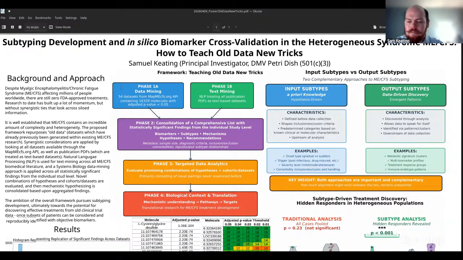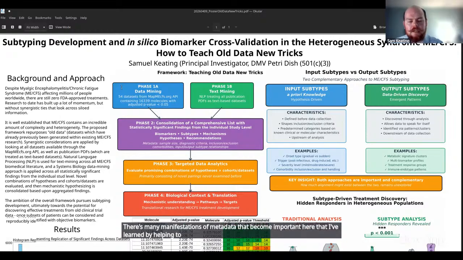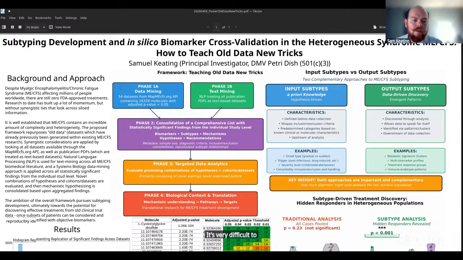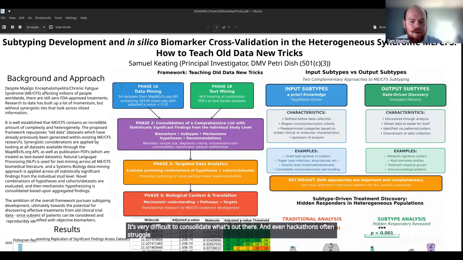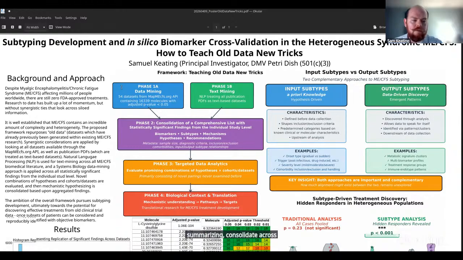There's many manifestations of metadata that become important here that I've learned by helping to host data science competitions and biohackathons. It's very difficult to consolidate what's out there. And even hackathons often struggle to summarize and consolidate across separate efforts.